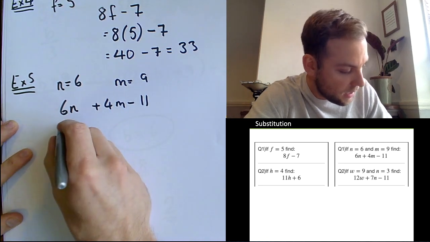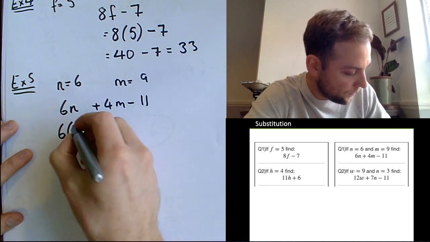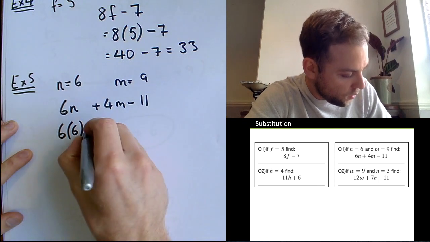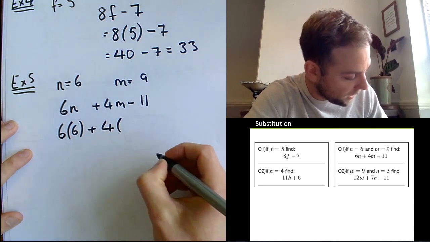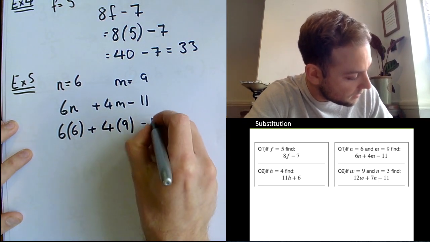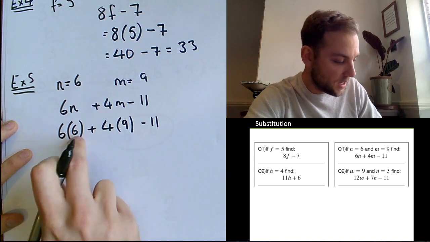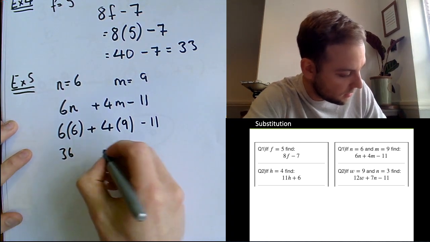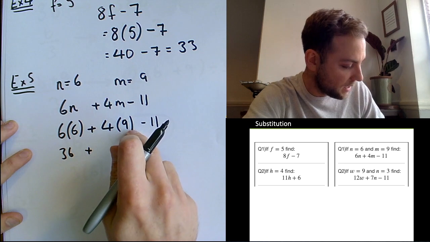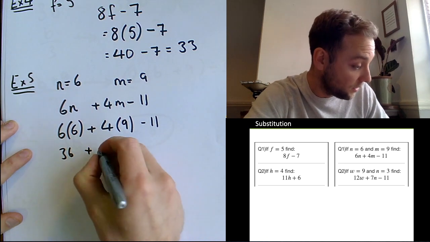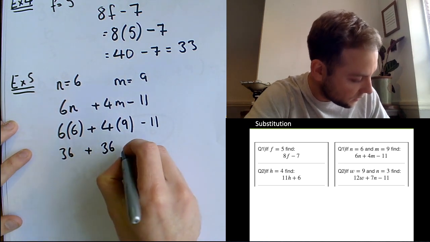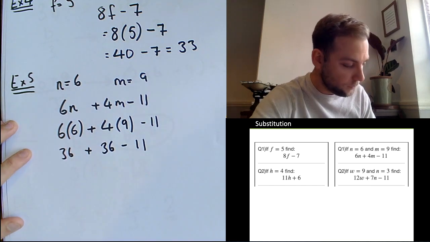So it's going to be 6 mini bracket 6 plus 4 mini bracket 9 minus 11. So 6 times by 6 is 36, plus 4 times by 9 is equal to 36 as well, actually. 36 as well, minus 11.